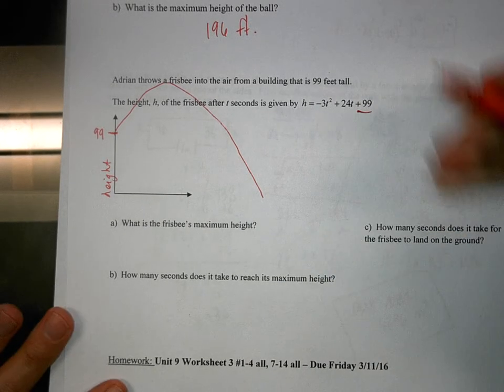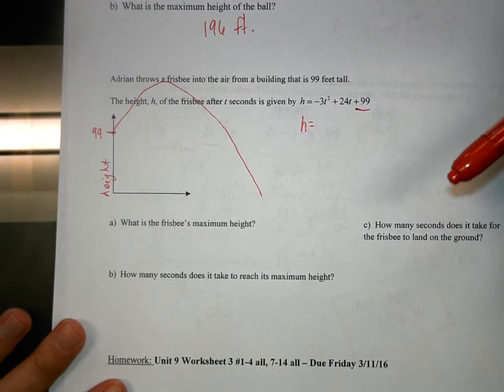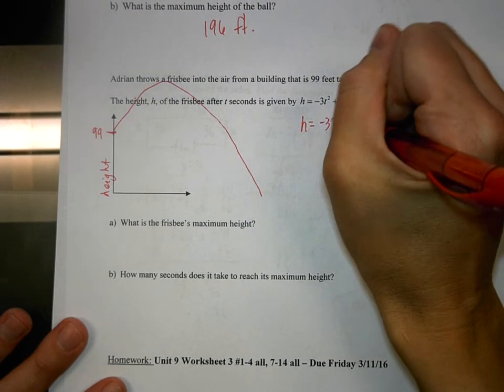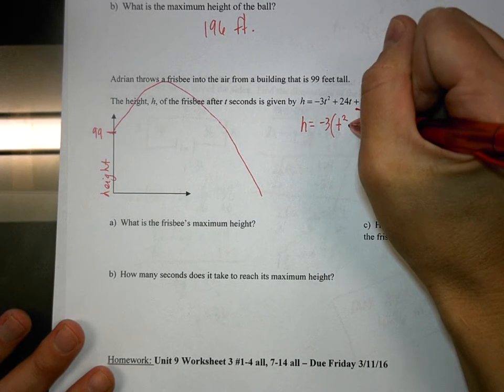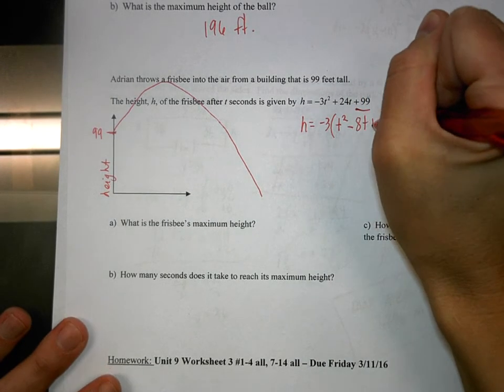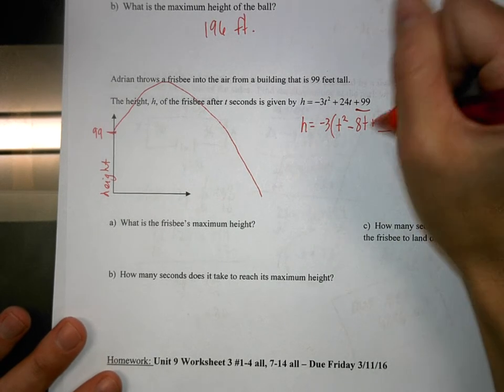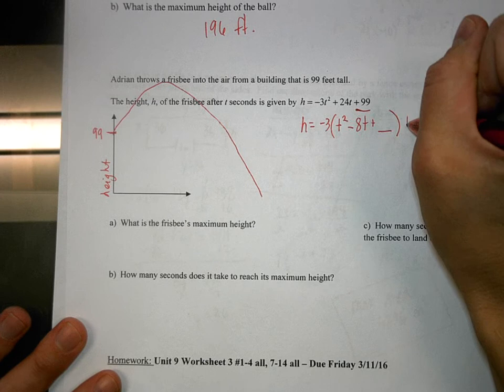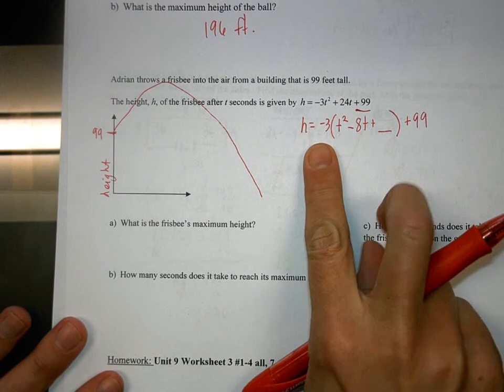So we're going to go h equals, and what will I do? Take out a -3, and we have t squared minus 8t, but we're still going to do our plus blank. Remember the 99 is going to go on the outside, so you have plus 99. But since I have -3 times the blank, I need a +3 times the blank.